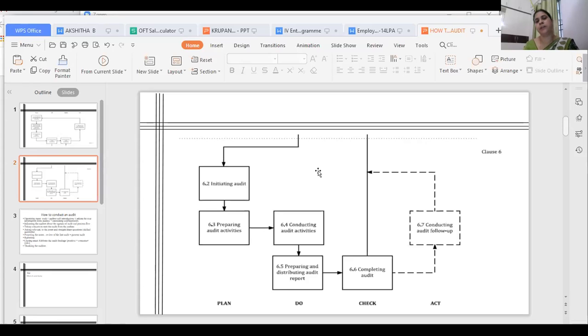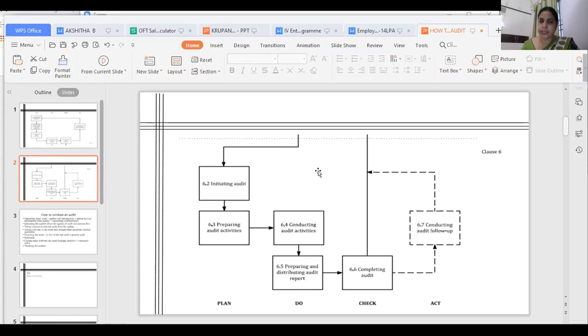Initiating the audit is like you are sending the circulars, or the program, or your objective of the audit to the process owner, and you are setting up who is the auditor, who is going to check there, and you start preparing the checklist of what you are going to do. That is called initiation of the audit.